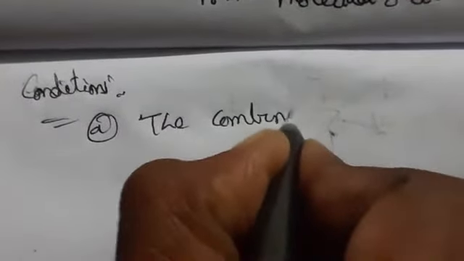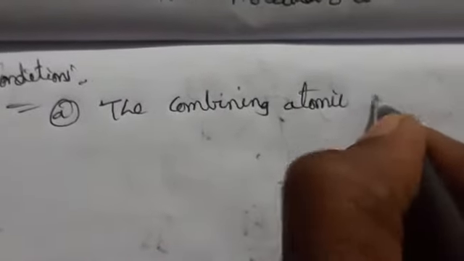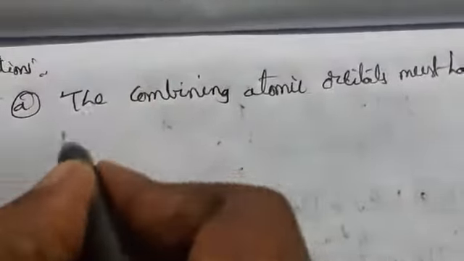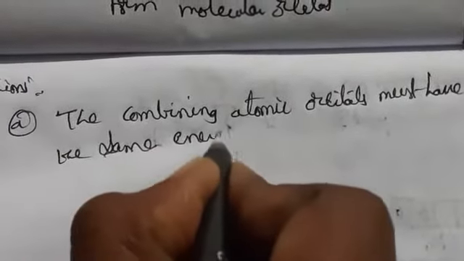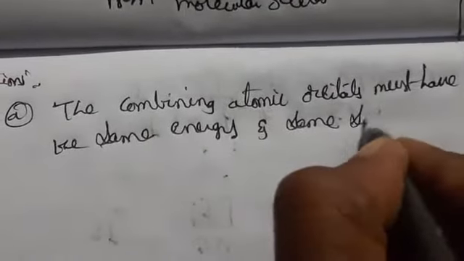So what are those conditions? First condition, what is the first condition? The combining atomic orbitals must have the same energy and also the same symmetry, we can say.